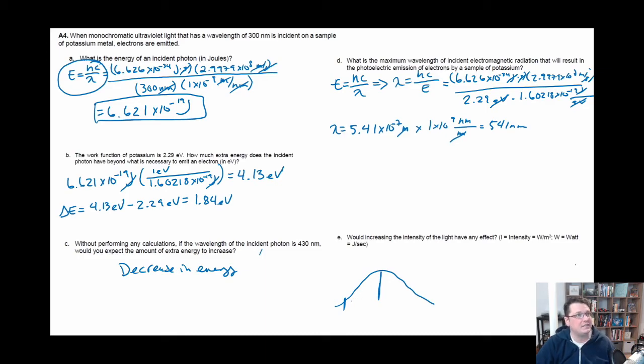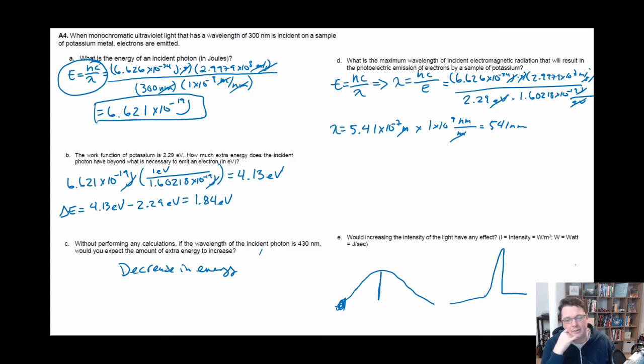So if you're increasing the intensity, there's going to be more and more of this small region that will start getting through as well. As you start using lasers and various different tools, it's going to tighten up a lot. But there's still going to be a small amount of tail that might get through in those cases. So you might be able to get some, but you're really going to have to go extremely intense.